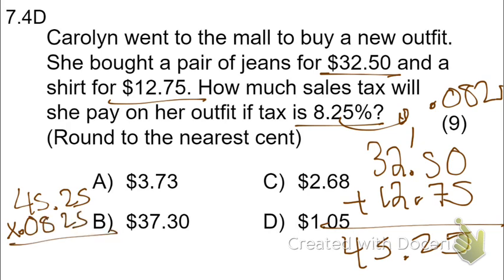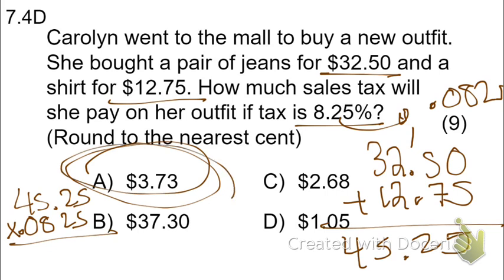And you can also do a proportion. And that should give you $3.73 as your final answer. By the way, if you chose this, that just means your decimal's in the wrong place, but you could have easily avoided that by ballparking the answer, right? Because there's no way that she's paying $37 in taxes on a purchase this small.